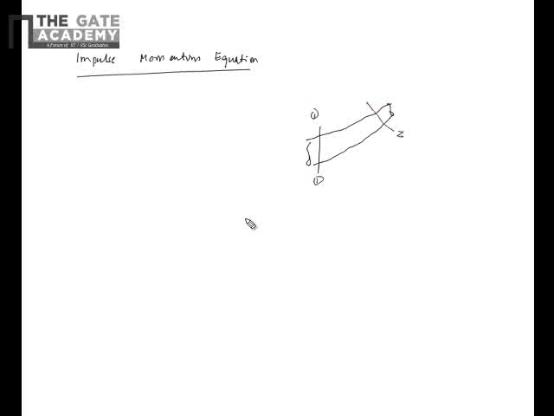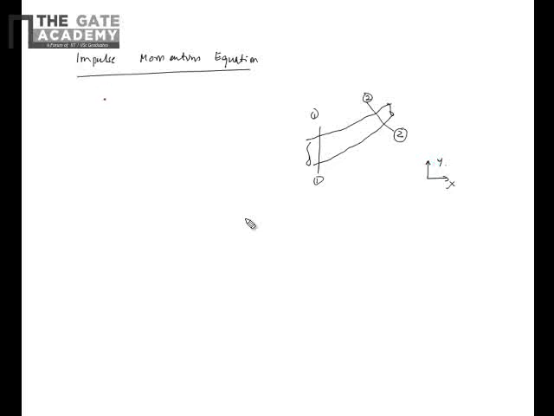So let's now discuss the impulse momentum equations. Okay, so let's say you have a pipe somewhere like this. And this is section 1 and this is section 2, this is your X, this is your Y, and let's say a 2D flow is happening.